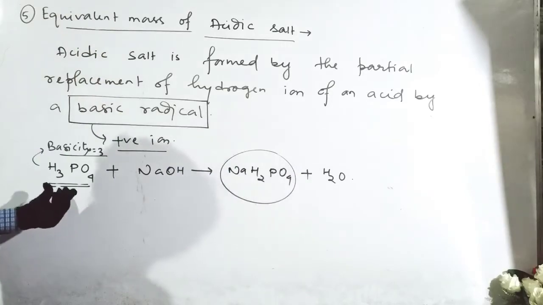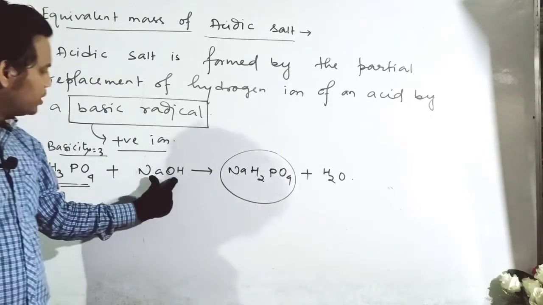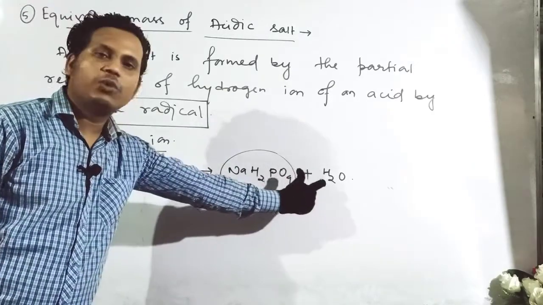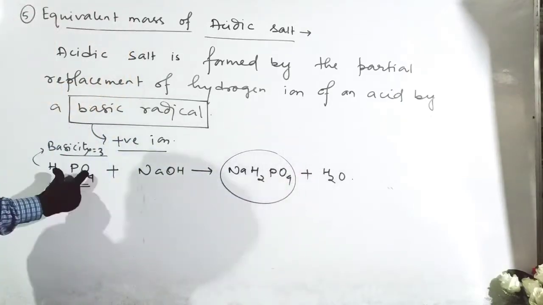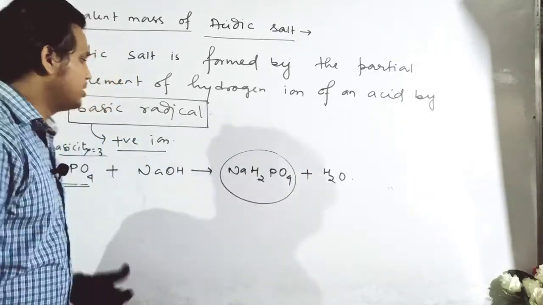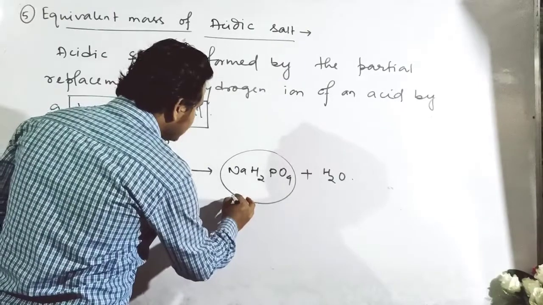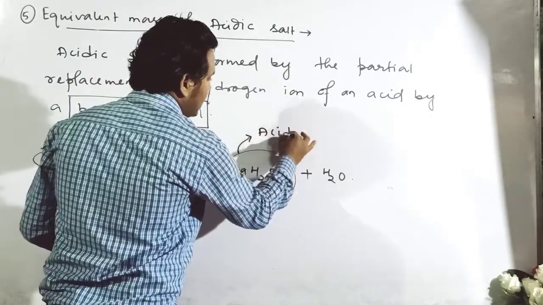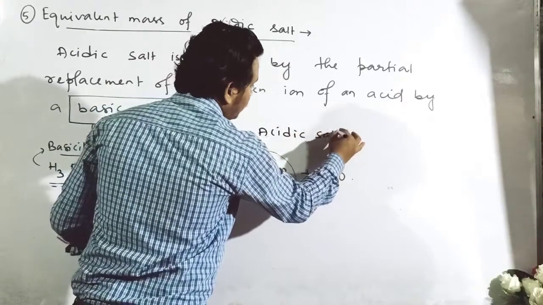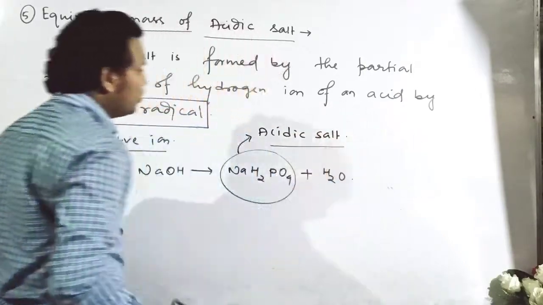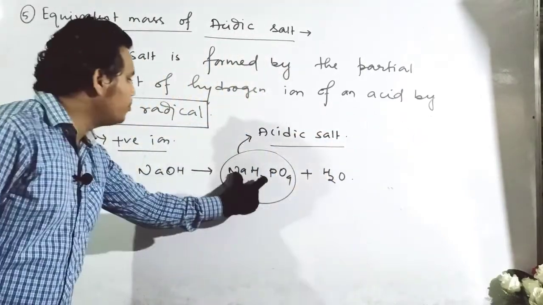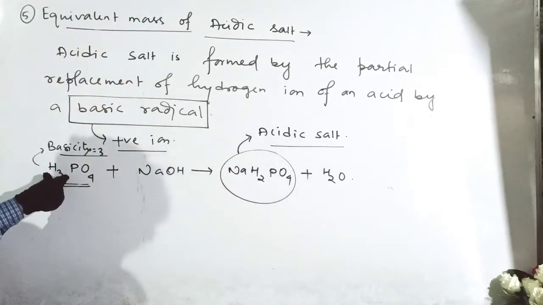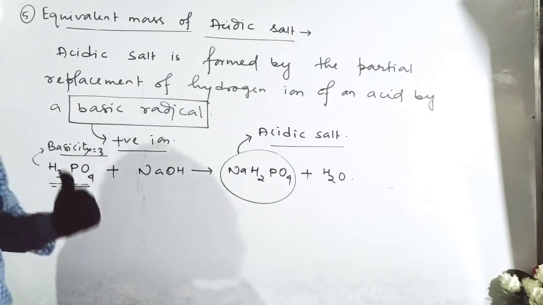So we already know that when acid reacts with base, salt and water are formed. What type of salt is it? It is nothing but acidic salt. How can we know that it is acidic salt? Because it is formed by the partial replacement of the hydrogen ion.